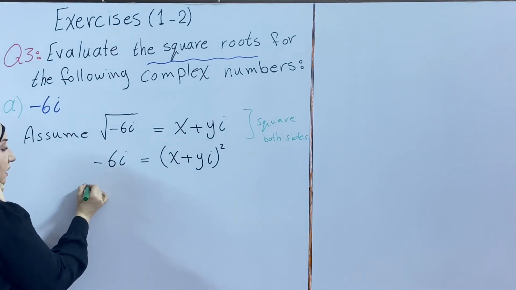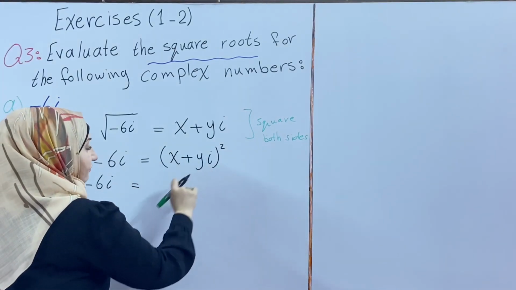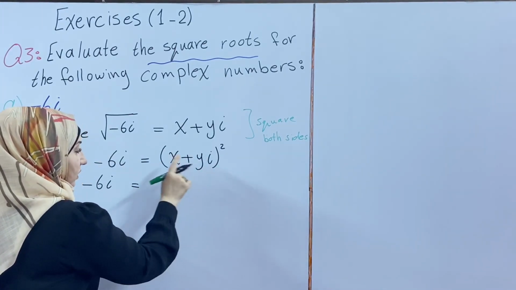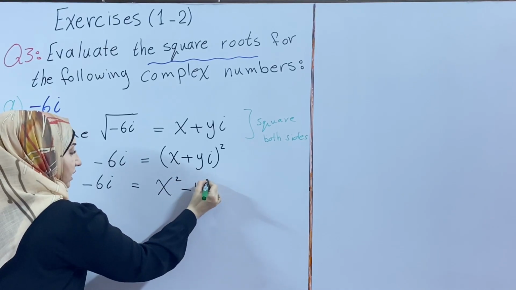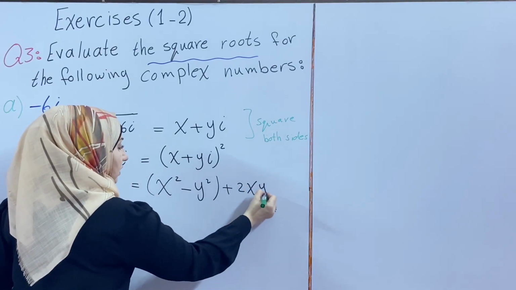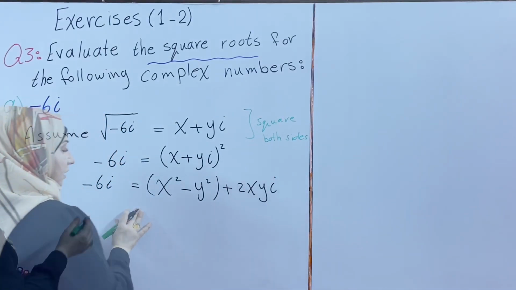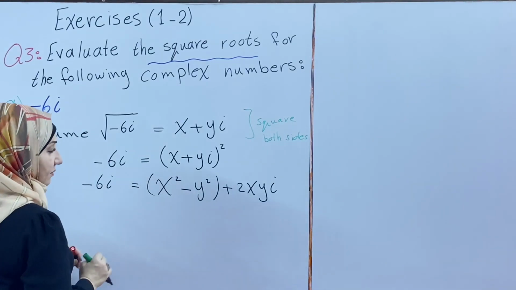So negative 6i equal. Here we have perfect square, so it's squared. We know that it's equal x squared minus y squared plus 2xy. So here we have equals of 2 complex numbers.